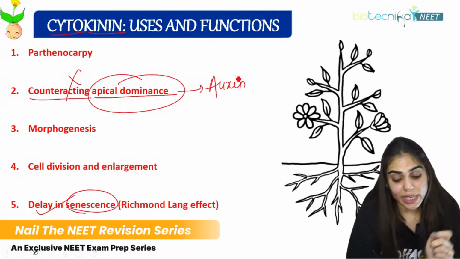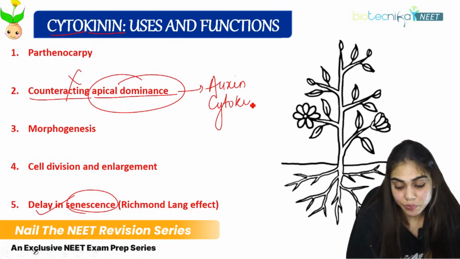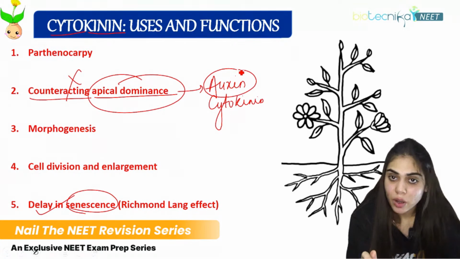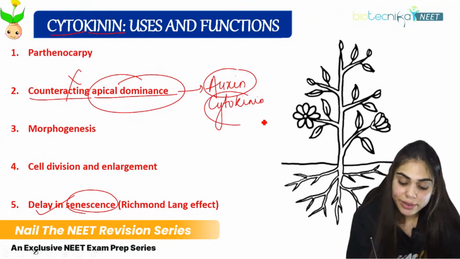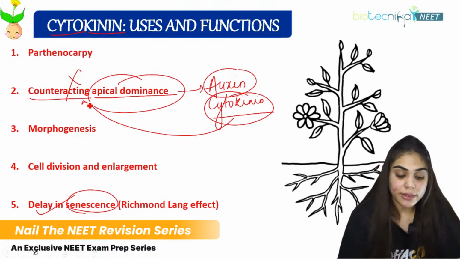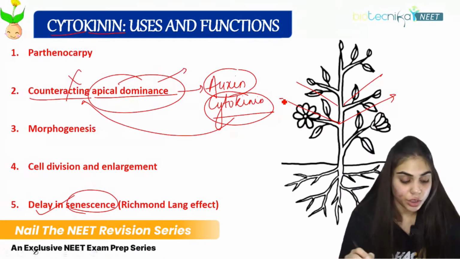So can we say that auxin and cytokinin are antagonists to each other? They are just opposite, because auxin promotes apical dominance, whereas cytokinin counteracts this apical dominance and promotes sideways growth in the plant.